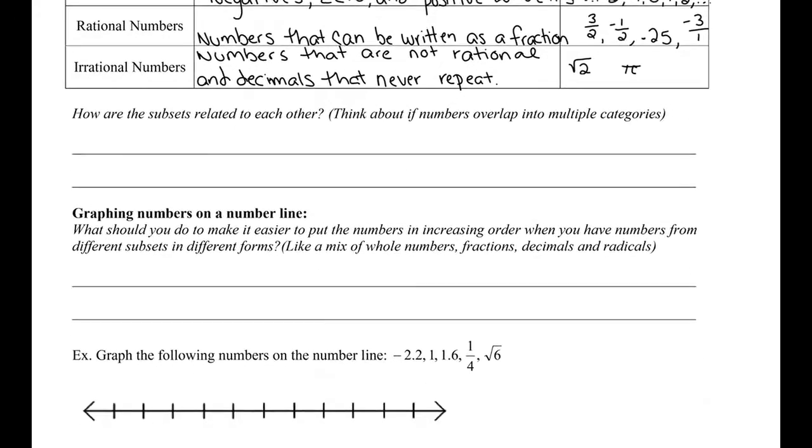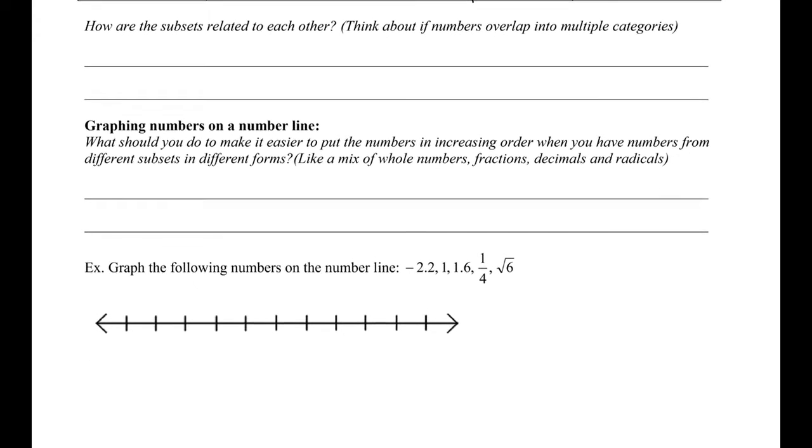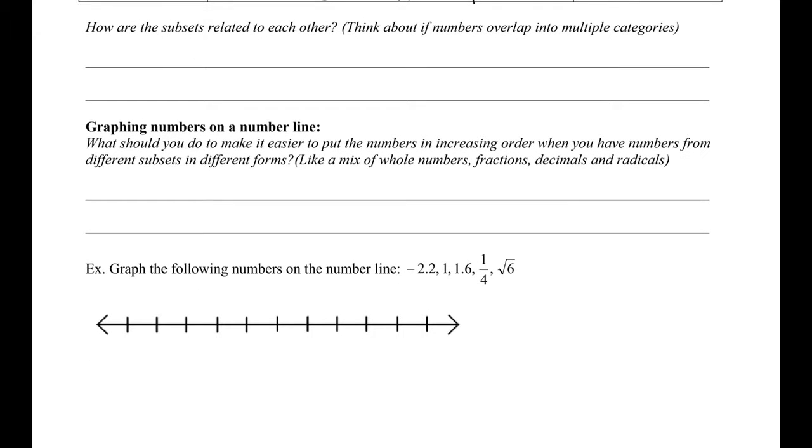The next question that it asks us is, how are the subsets related to each other? We want to think about if numbers overlap into multiple categories. For our 4 terms, we can say that rational numbers would include whole numbers and integers.